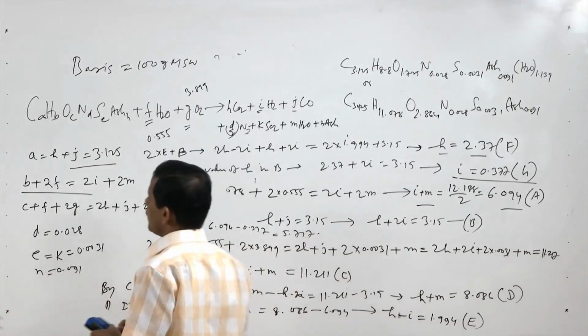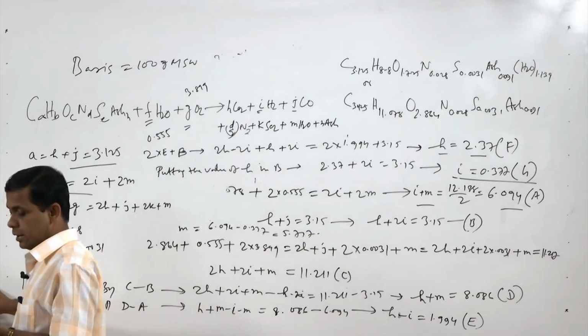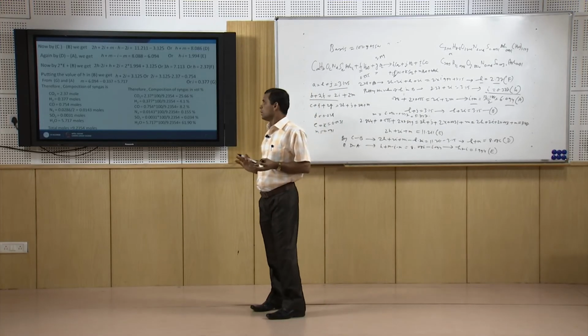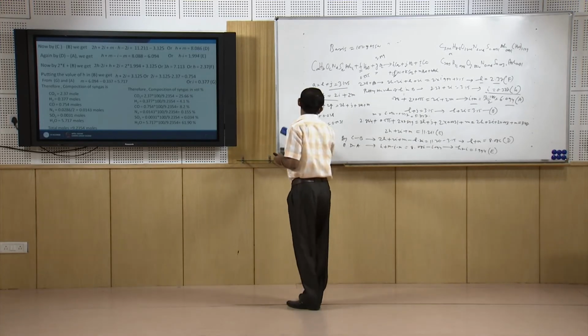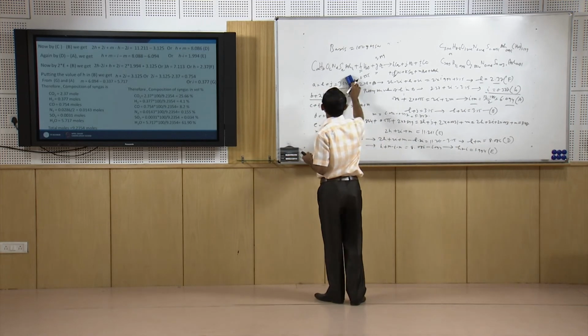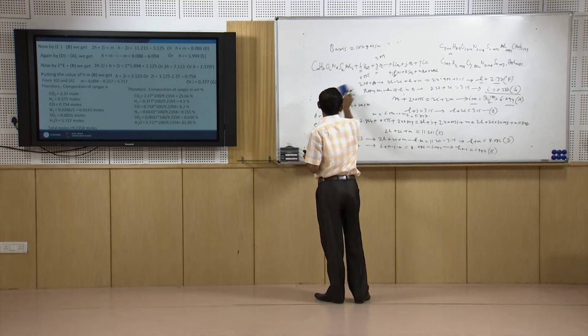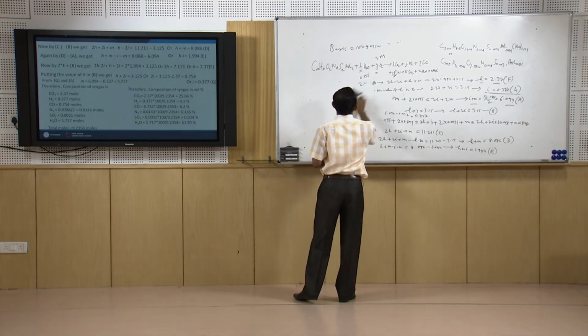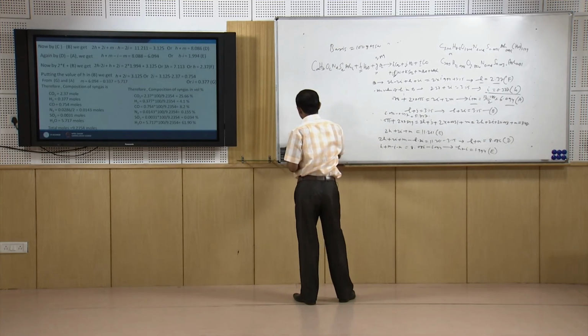So now we have got all the values of I, J, H, M, etc. So on the basis of this, we can get the value of syngas composition.